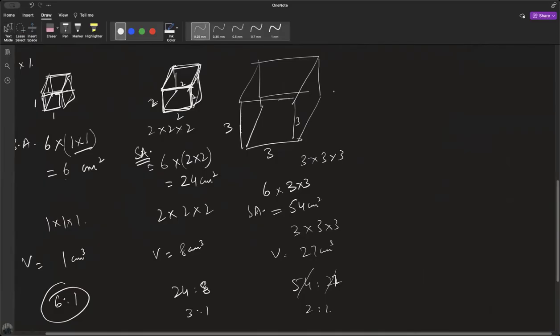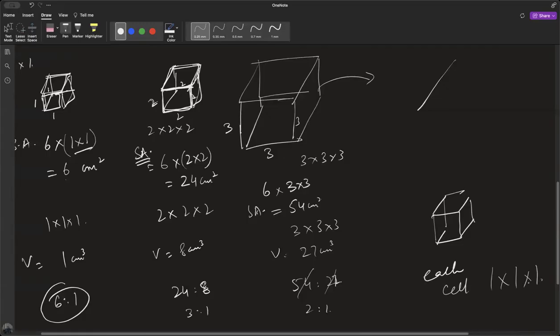If you take this diagram, let's say each cell that we have is 1 by 1 by 1, right?